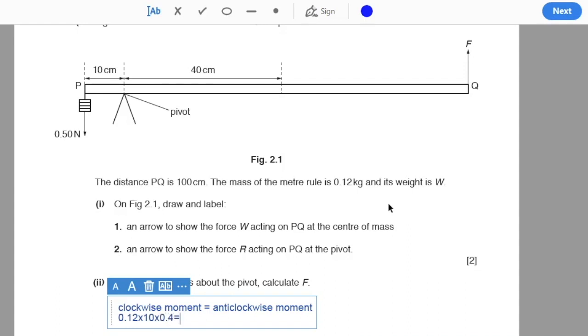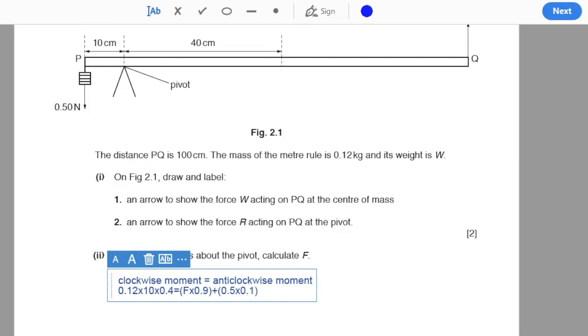And this is equal to anti-clockwise moment. There are two forces causing anti-clockwise moment. The first one is force F and the second one is 0.5 newtons. So the first one will take F multiplied by the perpendicular distance between force F and the pivot, which is 0.9 meters. And then there is the additional force which will result in anti-clockwise moment, which is 0.5 newtons multiplied by the perpendicular distance between P and pivot, which is 0.1 meters. So force F has a magnitude of 0.48 newtons.